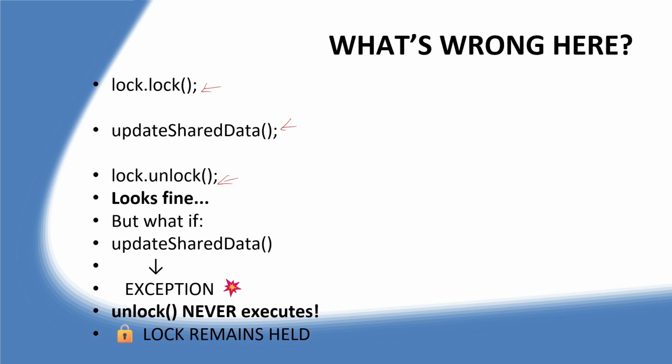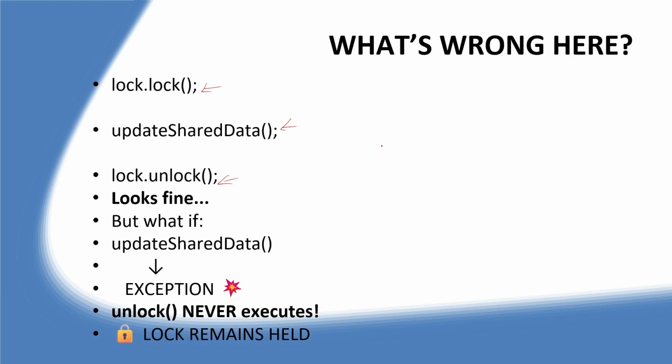But what happens if updating shared data throws an exception? The exception will jump out before reaching unlock. So the lock may remain locked by the current thread, and the other threads will keep on waiting since the lock is not released. That is why manual locking must be handled carefully.